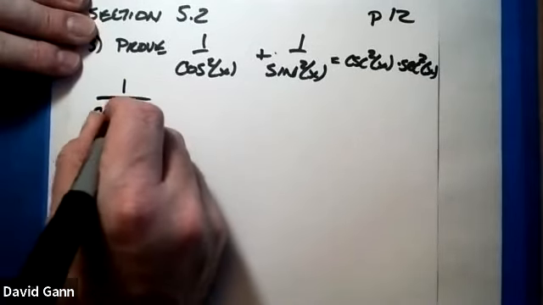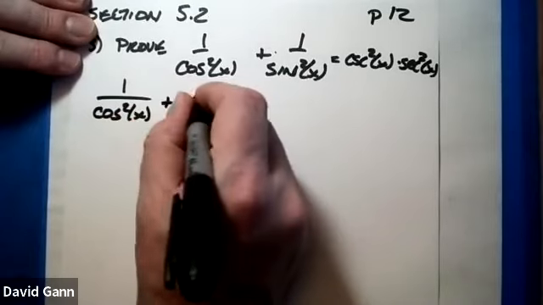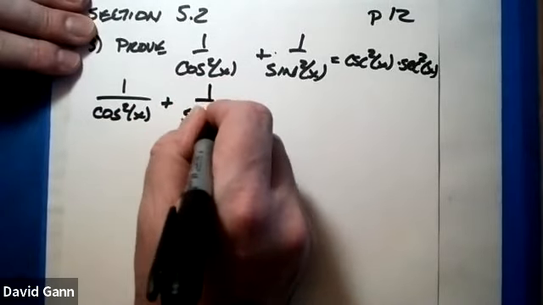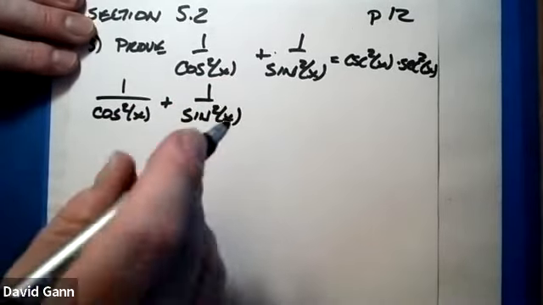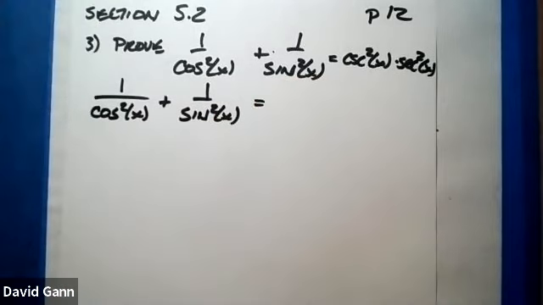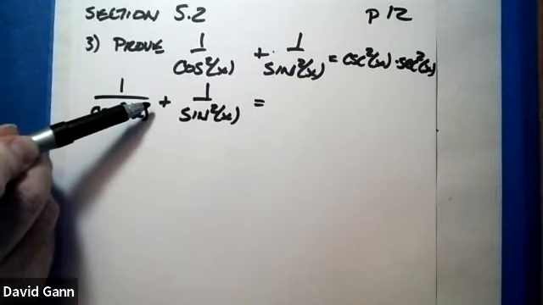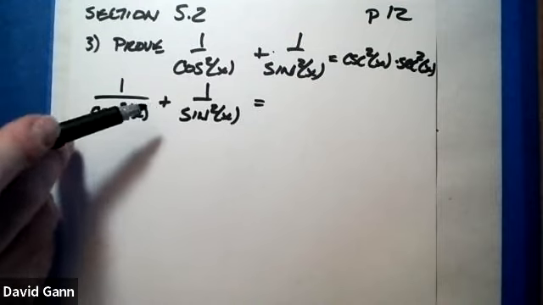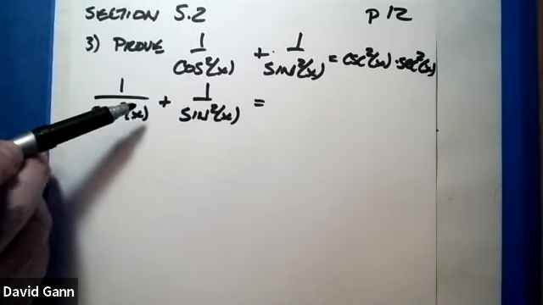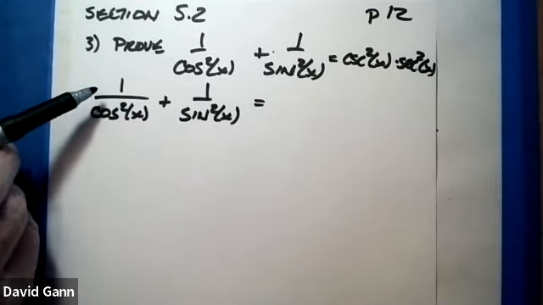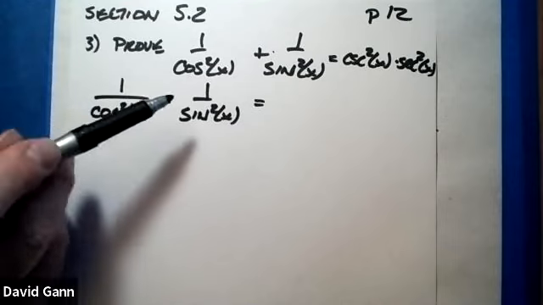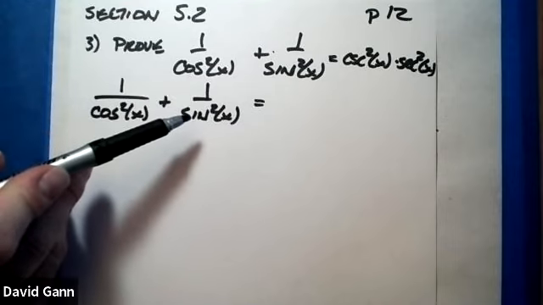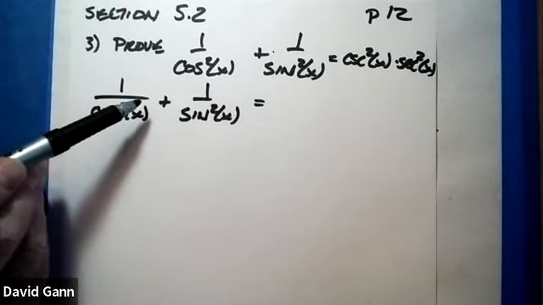So 1 over cosine squared of x plus 1 over sine squared of x. Now, if I'm trying to take two terms and convert them into one, I'm basically performing the addition operation. But these are fractions, and the only way to add fractions is to get common denominators, right? So I'm going to multiply this term by sine squared over sine squared, and this term by cosine squared over cosine squared. Then we'll have a common denominator, and we can add it.